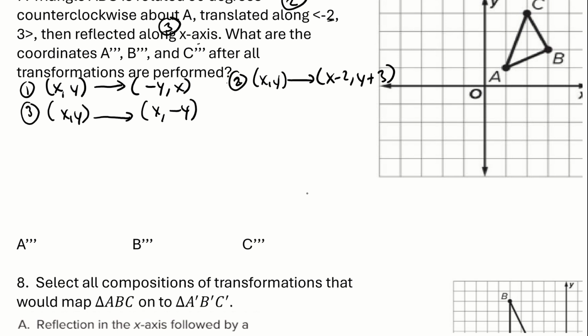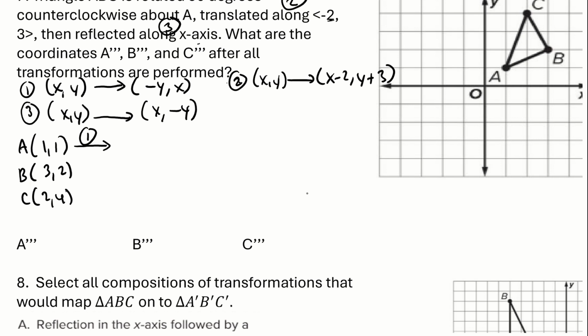All right, so let's apply those rules to A, B, and C. Okay, so we got A, which is the coordinates A are (1, 1), right here. Coordinates of B are (3, 2). And C is (2, 4).